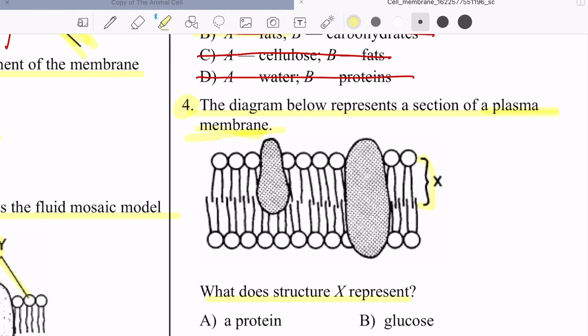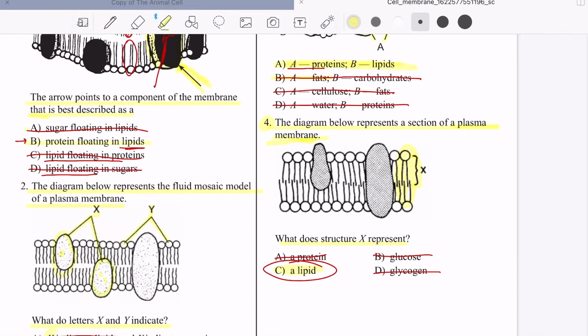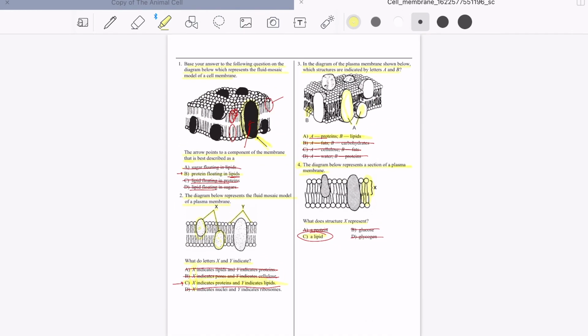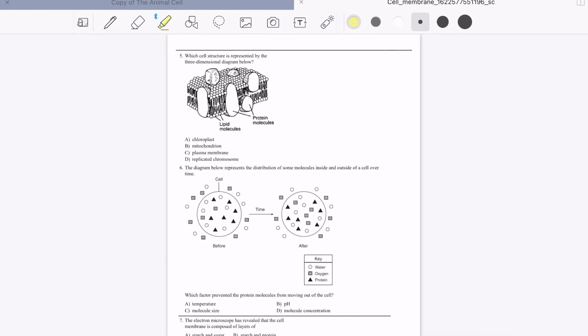Structure X represents the phospholipid bilayer. So it's not a protein. It's not glucose. It's not glycogen. It is a lipid. So 4 is lipid. Beautiful job. Let's move on to the next.